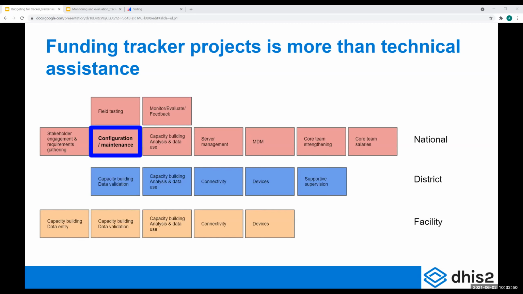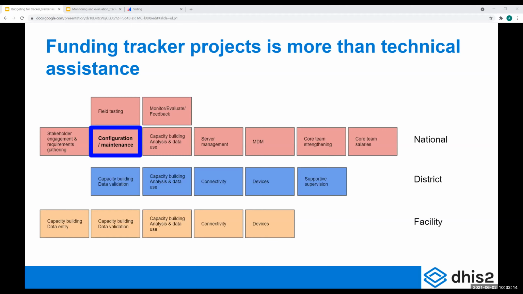Ideally, if it is funded through the ministry or the government agencies themselves, that is true ownership of the system, because they are putting money into it. So relying just on outside finances all the time might be a signal that it's not necessarily something the ministry is putting their hearts and minds into.